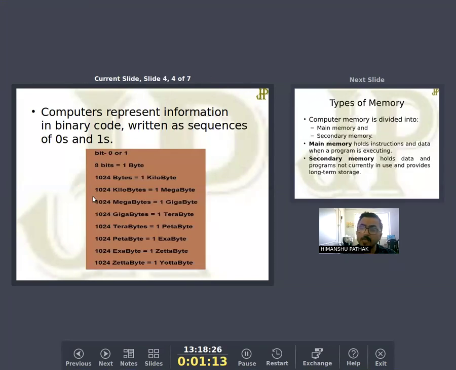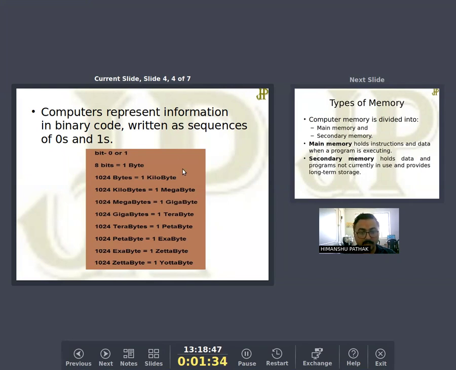Now, as we know, a computer can work on binary numbers, that is 0 and 1. So if we want to store alphabets, digits, numbers, special symbols, or any other data, it should be in the form of 0 and 1.